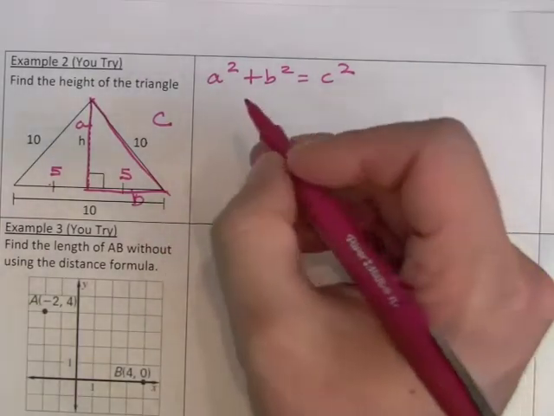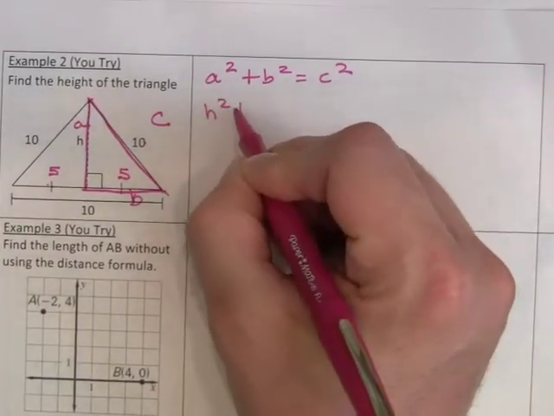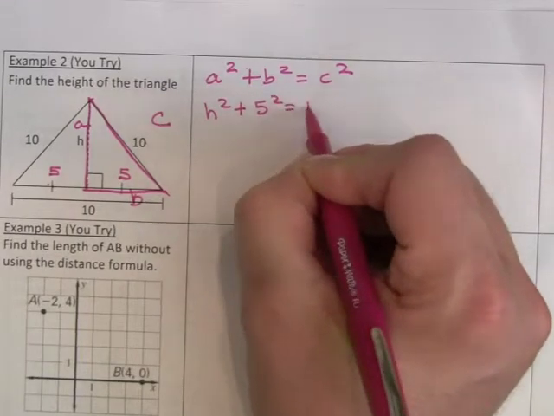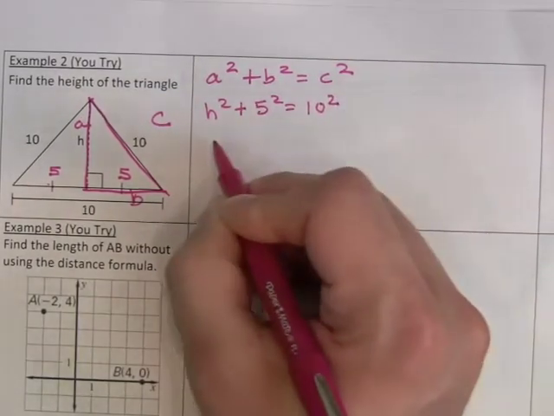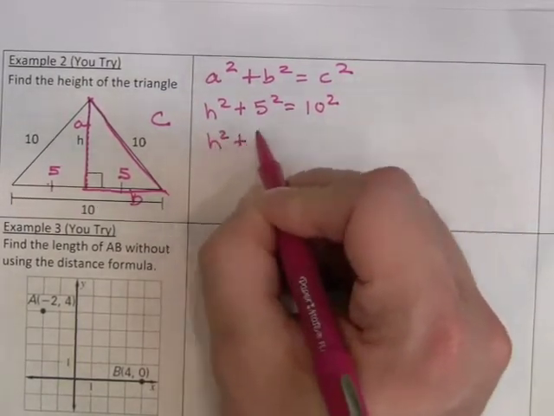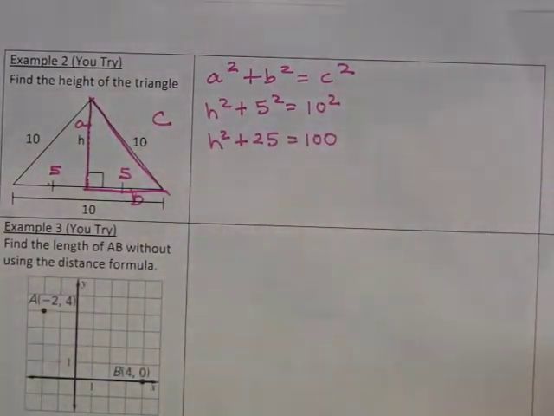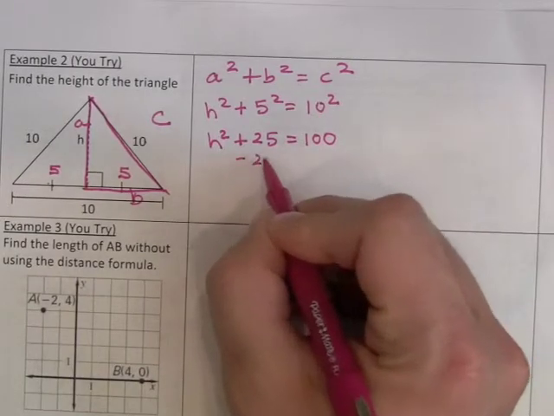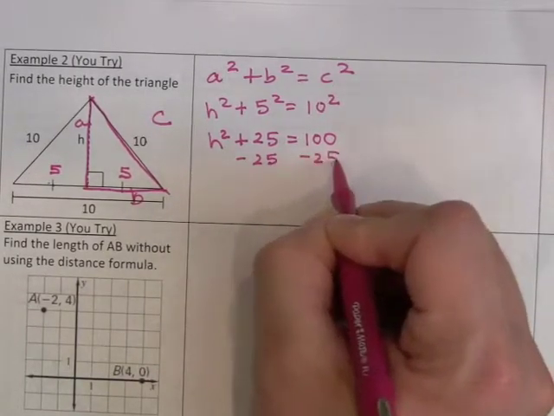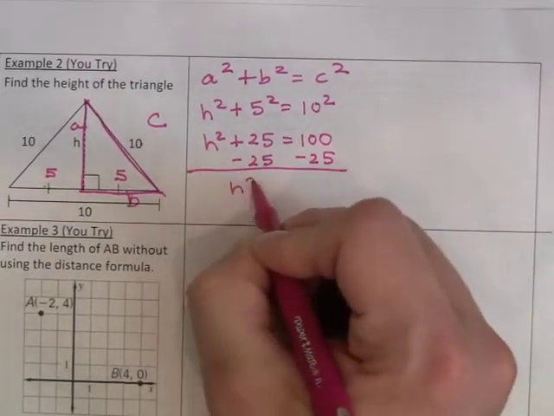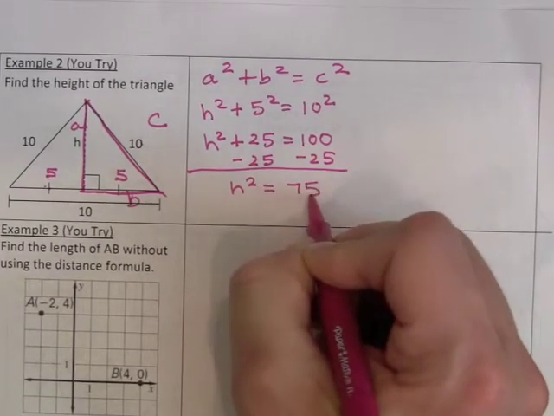Substituting in, I can do h squared plus 5 squared equals 10 squared. So I have h squared plus 25 equals 100. I'll then subtract 25 on both sides, which gives me h squared equals 75.